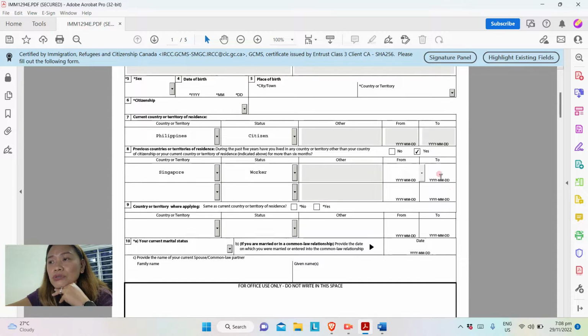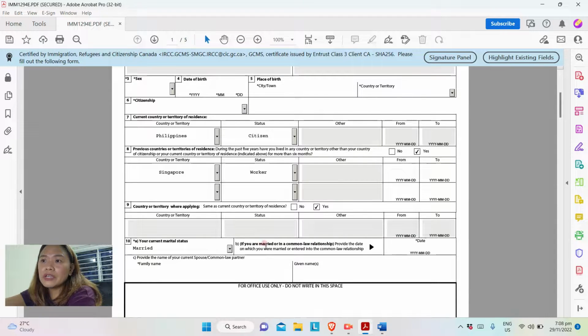and then write the dates from and to. For number 9, is the country or territory where you're applying the same as your country of residence? Yes, so this will black out or gray out. What is your marital status? Married.